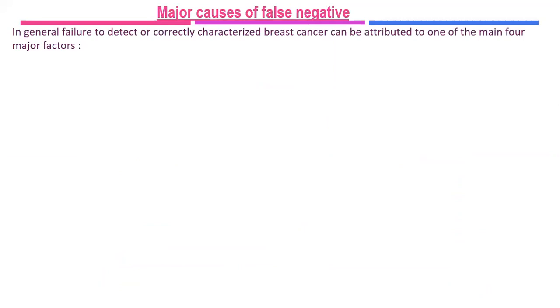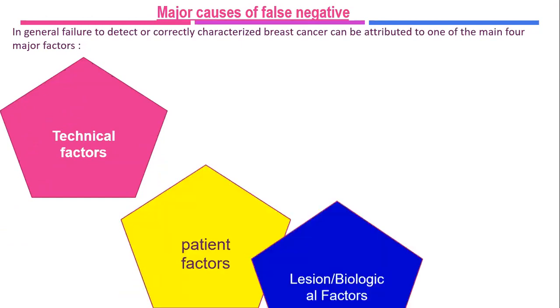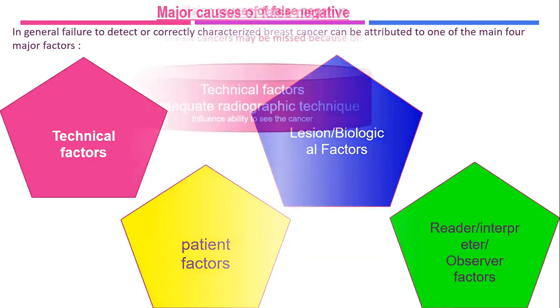In general, failure to detect or correctly characterize breast cancer can be attributed to four major factors: technical factors, patient factors, lesion or biological factors, and reader or observer factors.